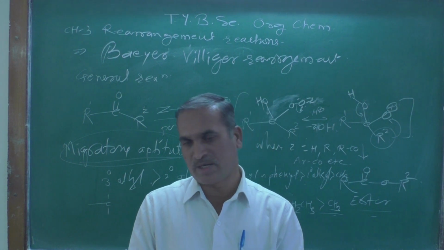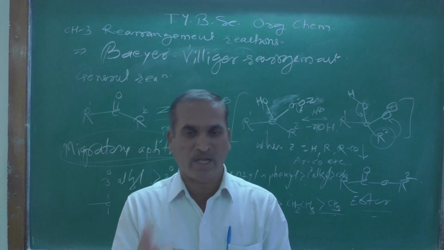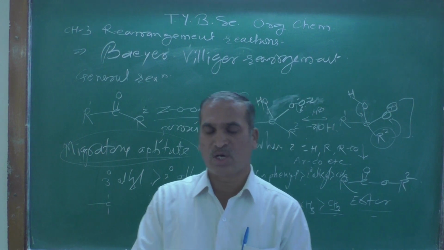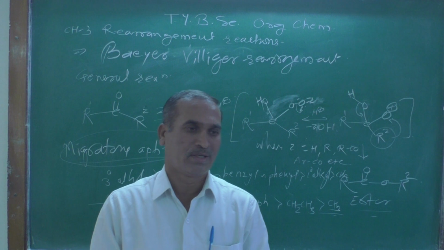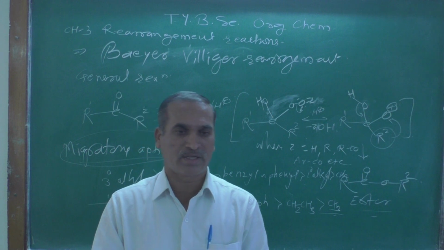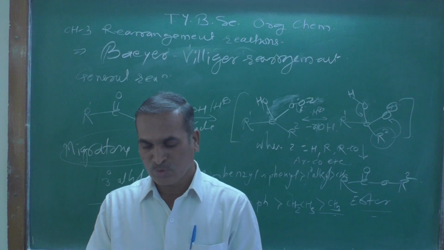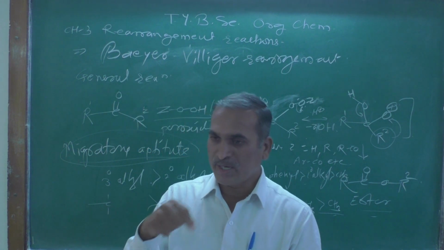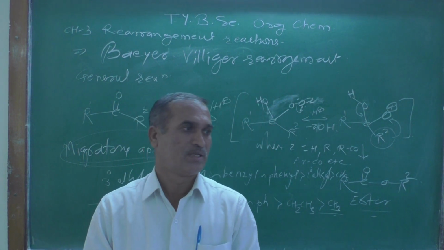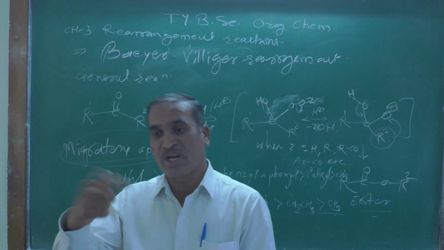If there are chiral centers, and as we know that if only one chiral center is there, it can rotate the plane of polarization either to the left hand side or the right hand side. It may be R configuration or S configuration. Suppose your starting material has an R configuration, when you carry out the reaction using peracids, the resulting compound forms as chiral in nature, and the configuration is retained.